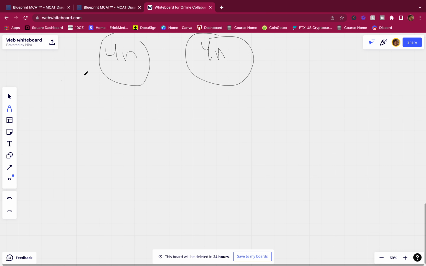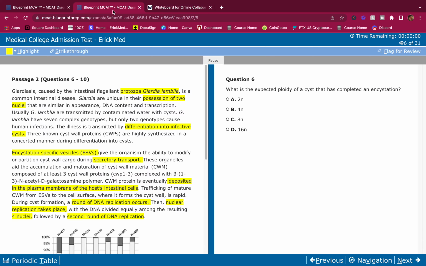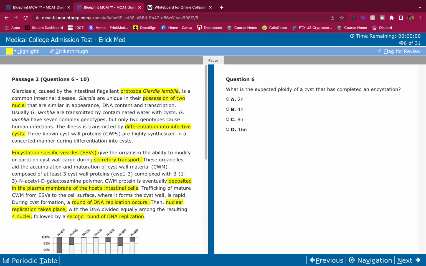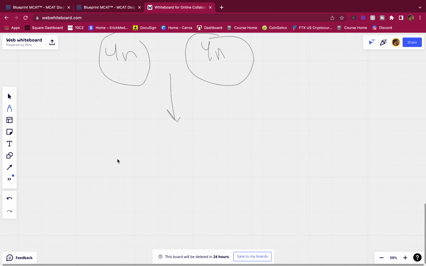We're going to replicate our nuclei here, and it's going to be divided equally among the 4 resulting nuclei. So we're going to result in 4 nuclei. We have 1 nucleus here, another here, another here, and a 4th here.